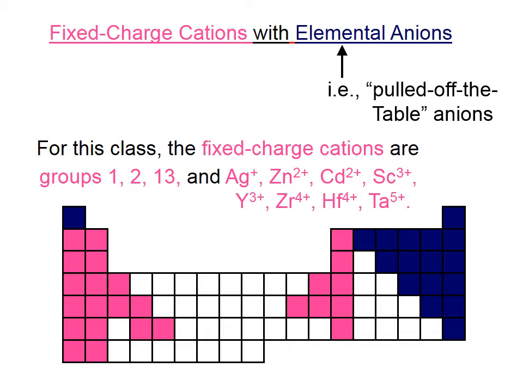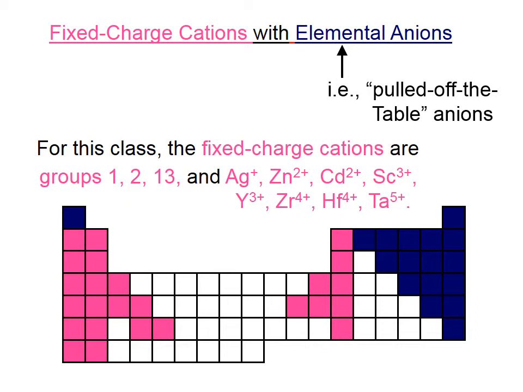You're not a fixed charge cation, because sometimes you lose 2, sometimes you lose 4. Whereas me, for example, let's say I'm a fixed charge cation. Anytime I lose electrons, I always lose 1. Every single time, never anything else. Another fixed charge cation, he always loses 2 electrons. Every time, never anything else.